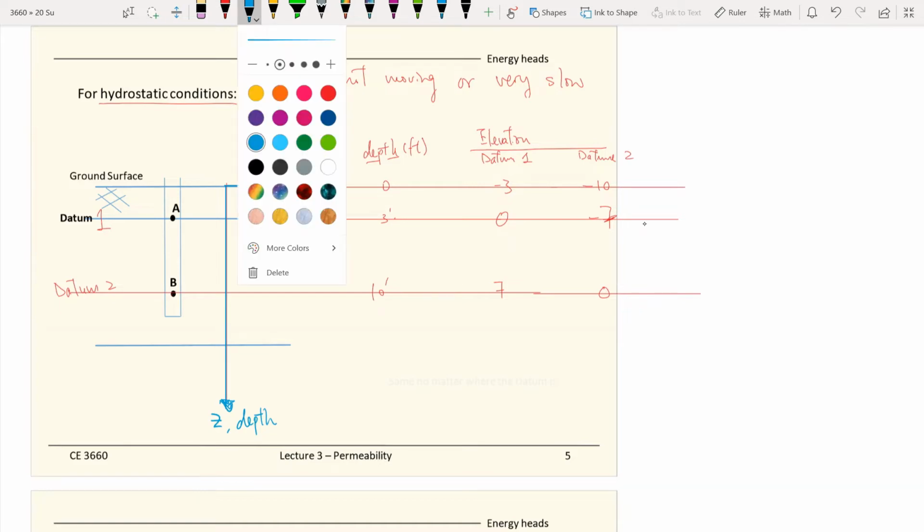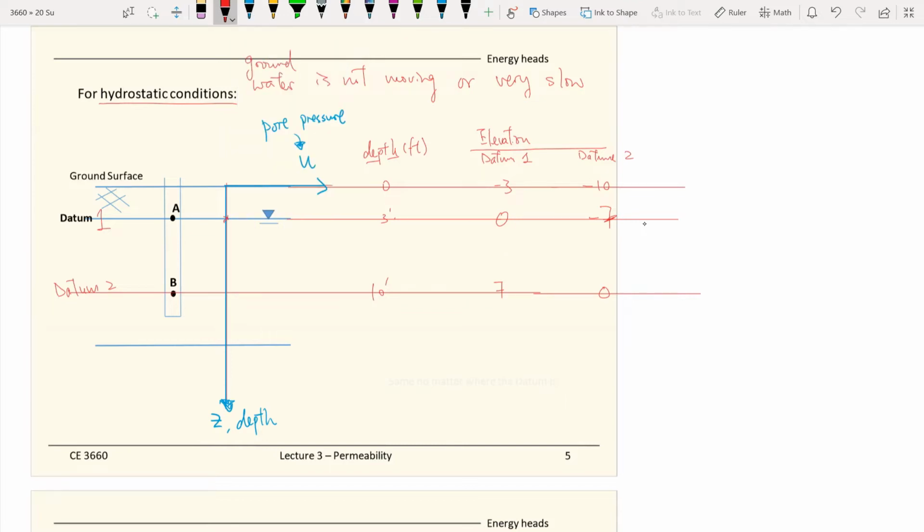We know the groundwater table. We calculate the water pressure as equal to the unit weight of water times the depth. Right at the groundwater table, it's 0. There's no water pressure.